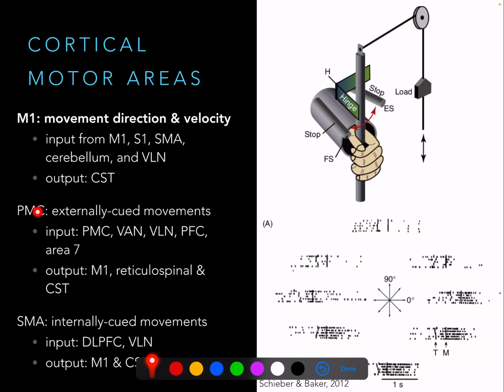Now, the association areas, we have the premotor cortex, which is probably larger than the primary motor cortex. This is important for externally cued movements. When we see the light turn green, we then mash the gas. And of course, these talk to each other, right? So contralateral connections, both hemispheres are talking. I'm listening to the thalamus.